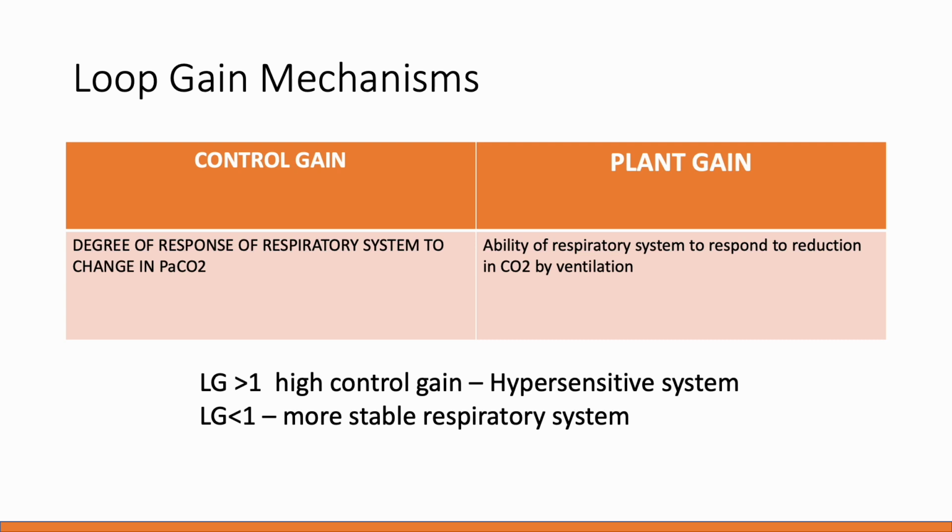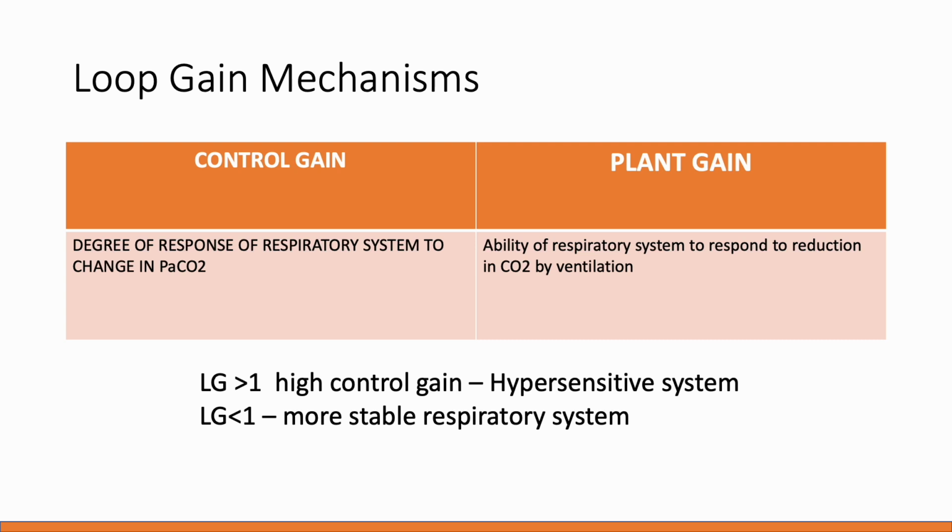What is plant gain? It means the ability of the respiratory system to respond to the reduction in carbon dioxide by ventilation. So that is the gain in terms of how the ventilation will be changed when there is a reduction in CO2. So, a control gain is the degree of response, and the plant gain is the ability of response.